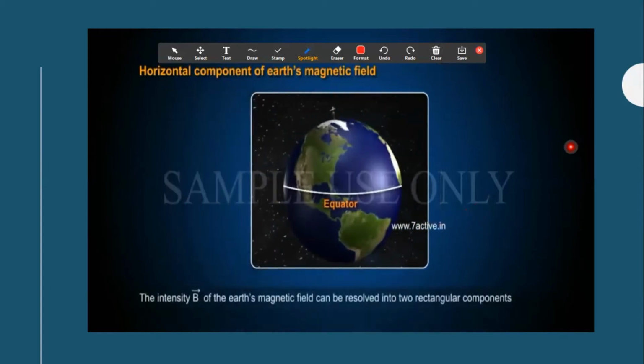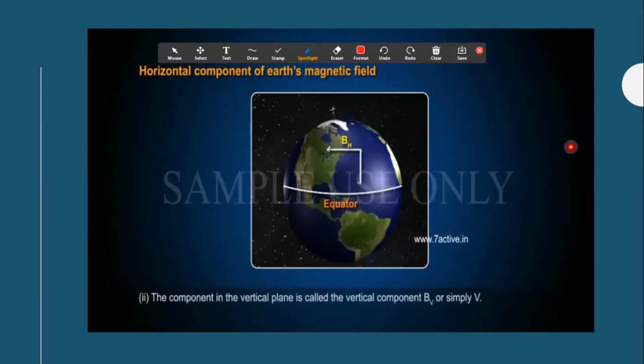The intensity B of the Earth's magnetic field can be resolved into two rectangular components. 1. The component in the horizontal plane is called the horizontal component BH, or simply H. 2. The component in the vertical plane is called the vertical component BV, or simply V.